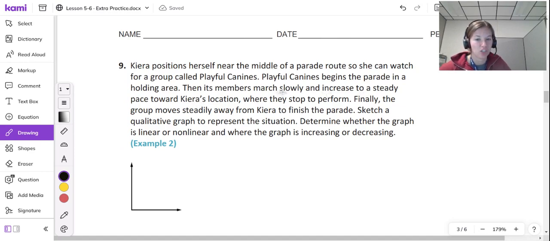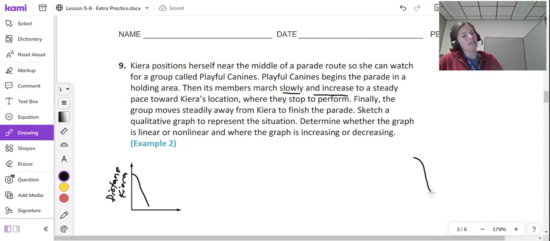So start slowly and increase. If this is distance from Kira, they start away from her and they start slowly and increase to a steady pace. So that little bend there shows that slow and then that increase.